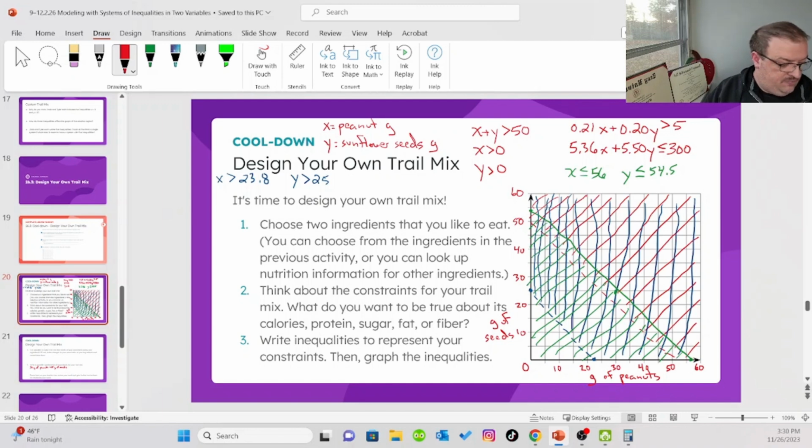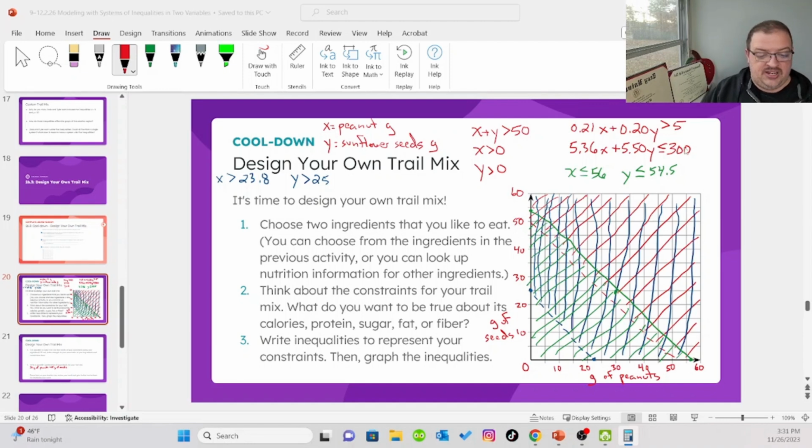If I said 0.21 times 30 grams of peanuts, that's 6.3, and 0.2 times 25 grams of seeds is 5. So 6.3 plus 5 is 11.3. 11.3 is greater than 5. So it does solve for our protein. We have more than enough protein.